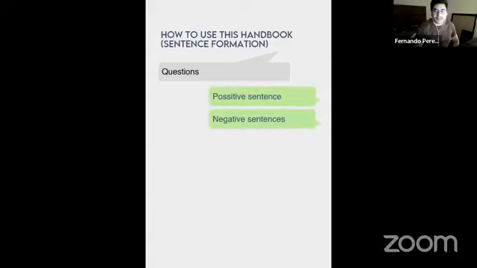Of course, they are different. It's different to use a question because the components of a question, a positive sentence, and a negative sentence are put in different order.